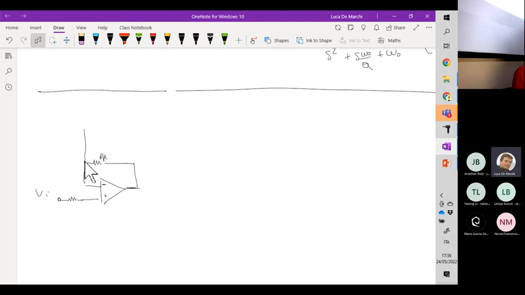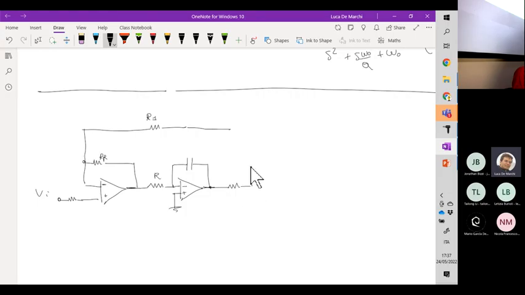Then we have a macro loop in which we have the resistance R1. Then we have a series of two integrators, which are realized with conventional inverting configuration. The time constant RC sets the value 1 over omega null. The same time constant is used in the second integrator.